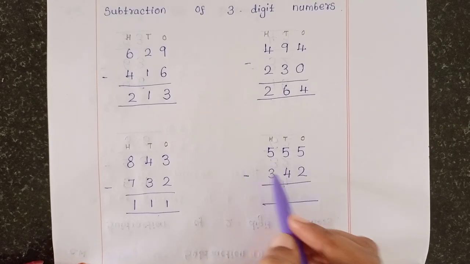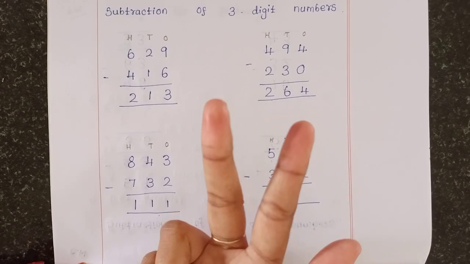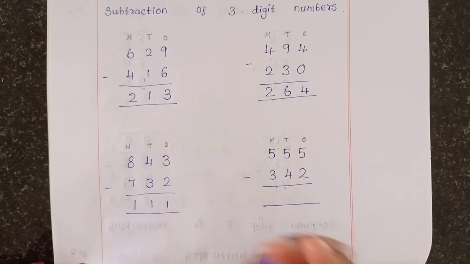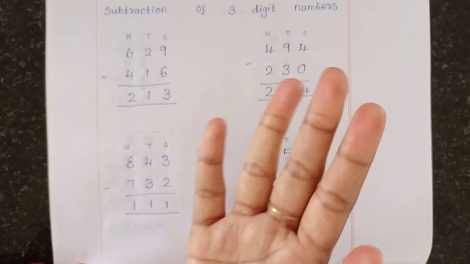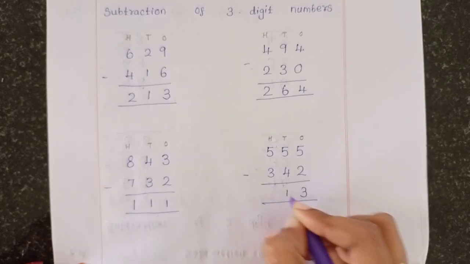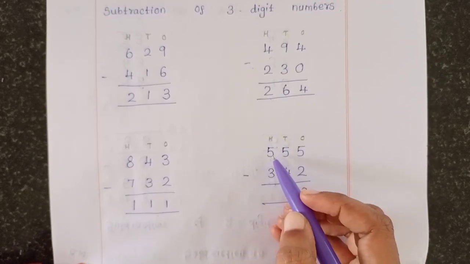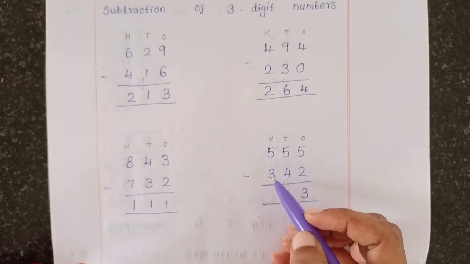5 minus 2. All of you take 5 fingers. Then you subtract 2, remaining 3. Then all of you take 5 fingers. Then you subtract 4, remaining 1. Then subtract the hundreds column. 5 minus 3.